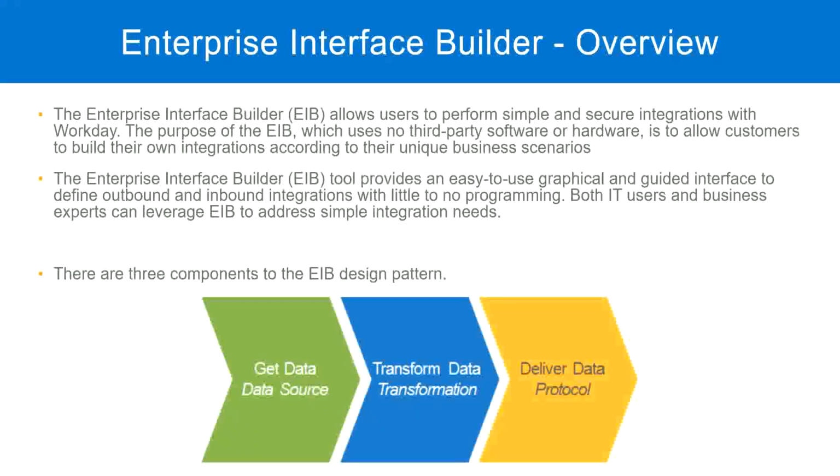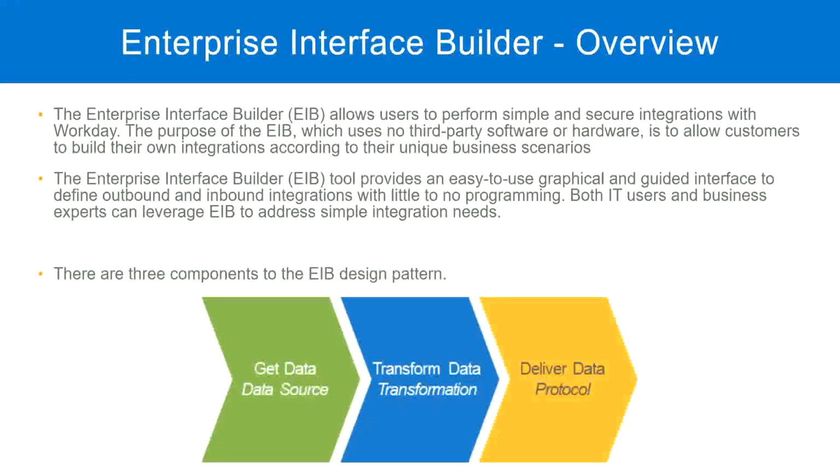Then the second step would be to modify the data, or translate the data, or transform the data into a format expected by the recipient. Isn't it? That is transform data. The third step will be to send the data to the recipient or to deliver the data.